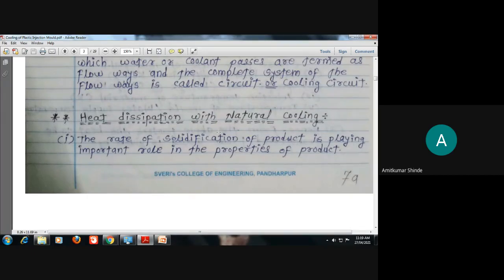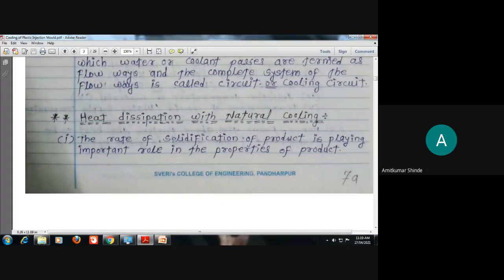That is termed as the natural cooling. And as we are circulating the water by providing the different channels, chilling effect or cooling effect will also take place, as water will remove the heat from the mold. Okay, in these two ways heat is removed.